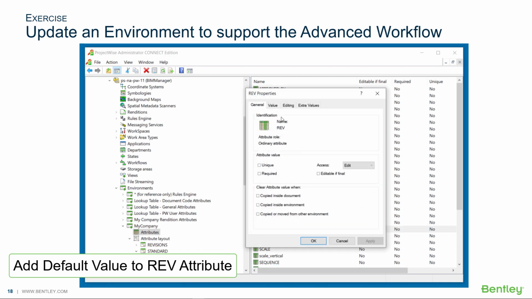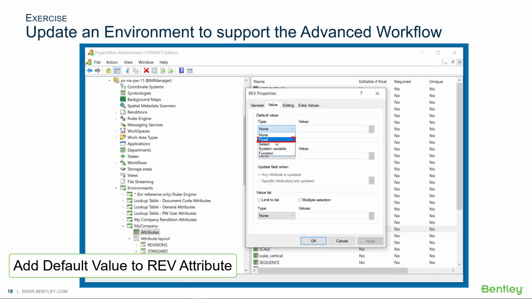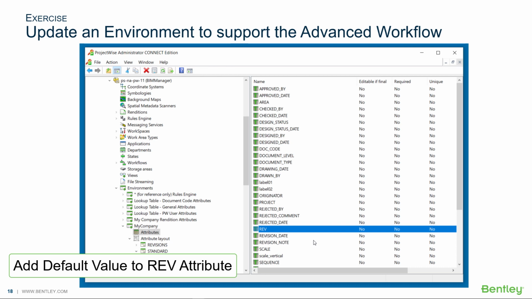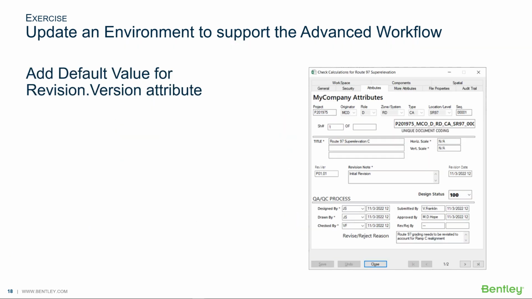On the Value tab, change the default value type to fixed and enter in the correct value. Click OK to save the change and dismiss the dialog. Our change will set the default rev value for new documents to P01.01, the first revision number for any document.